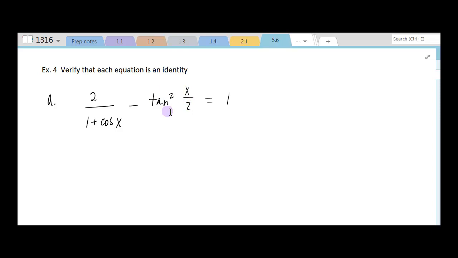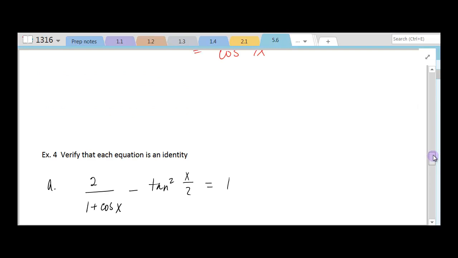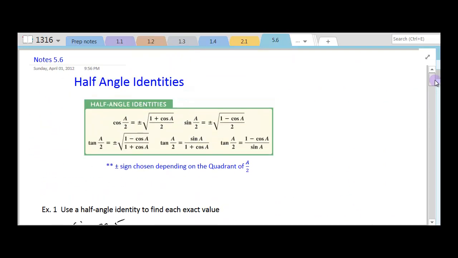So having said that, I'm looking at my half angle identities for tangent, and we're going to scroll up here and look at those together. I have 3 choices I can use.